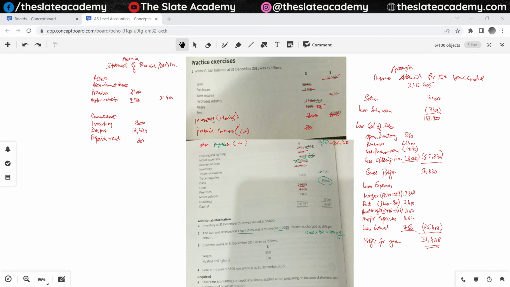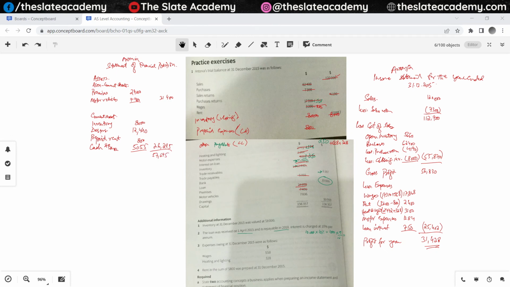And then I've got cash and cash equivalents. So bank is 5055. So that brings the total of current assets to 26,295, and the total assets sum would be 57,695.